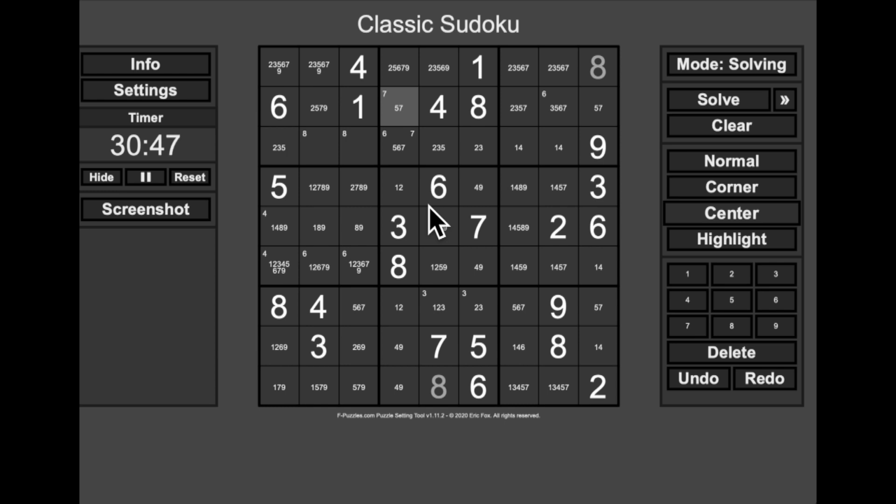Okay. We said a 7 must go in one of these places, right? Okay. If I get rid of this, okay. These cells are 2, 3, 5, 7, 9 in some order.